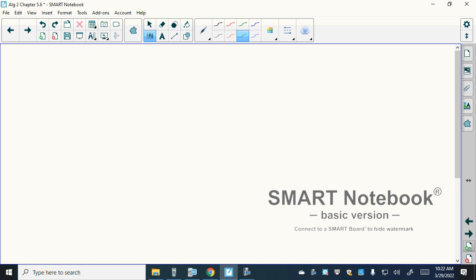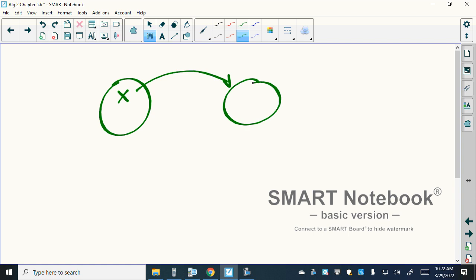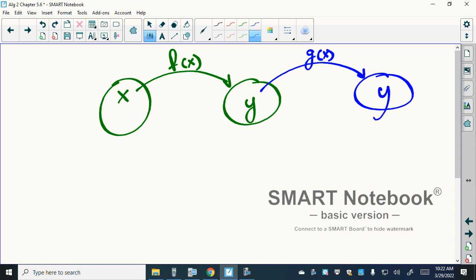get a blank sheet of paper, we have our x values. And our function f of x takes us from the domain to the range. And for a composite function, what we're doing is we're taking the values from that range, g of x, and applying it to its range.